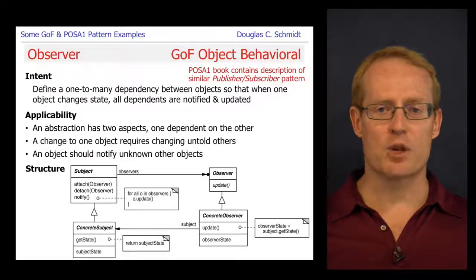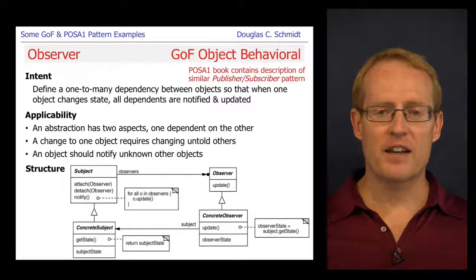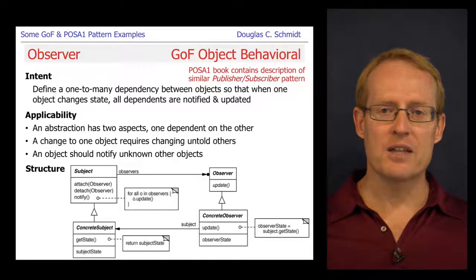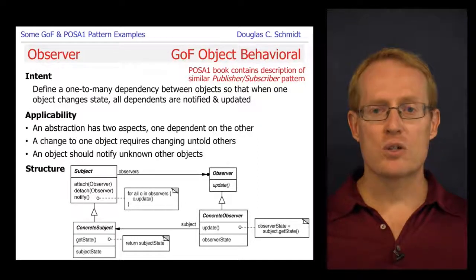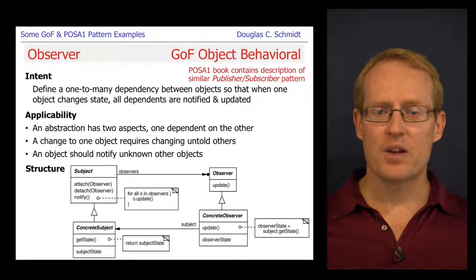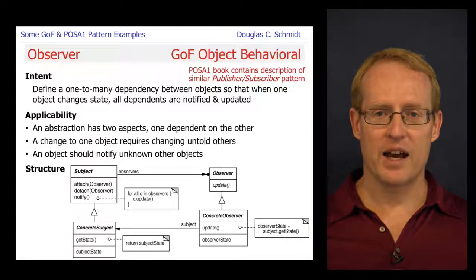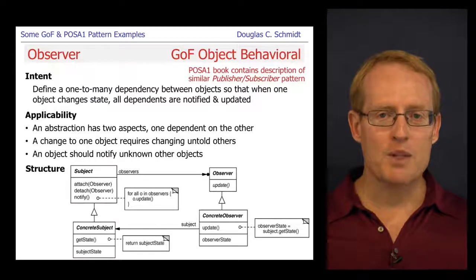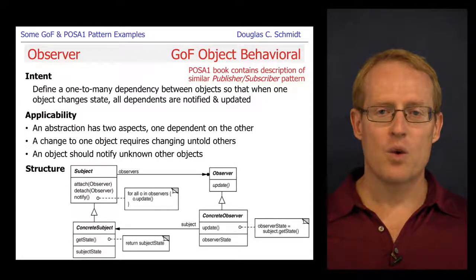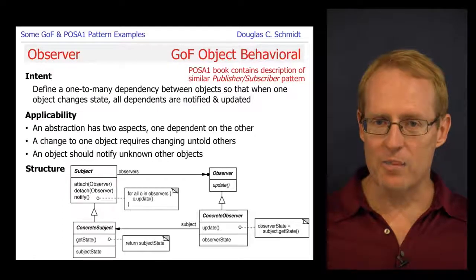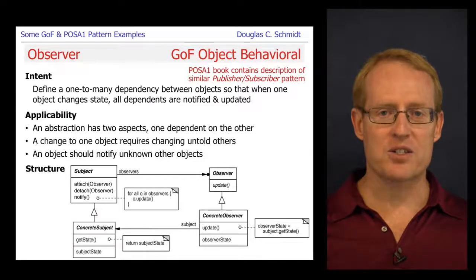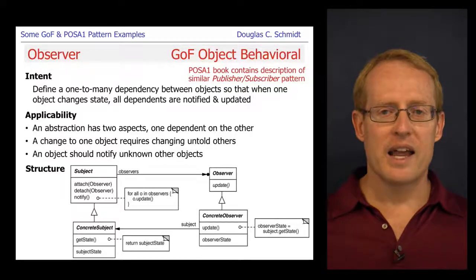The intent of the observer pattern is to define a one-to-many dependency between objects so that when one object changes state, all the dependent objects are automatically notified and updated. And you typically want to use this pattern when whatever you're developing has two aspects to the abstraction you're trying to provide, one dependent on the other.